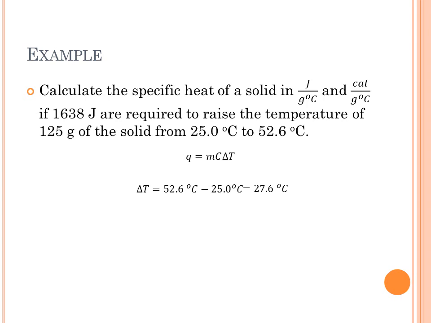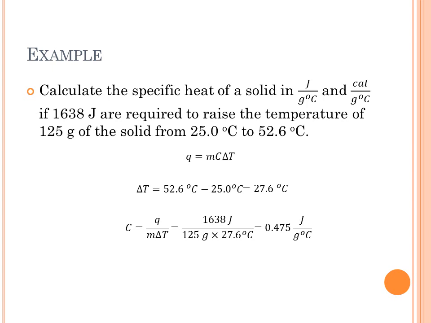Now we should be able to solve for the specific heat c and plug everything in. So c equals Q divided by m and delta T. Plugging in 1638 joules divided by 125 grams and 27.6 degrees Celsius, we're going to get 0.475 joules per gram degree Celsius.